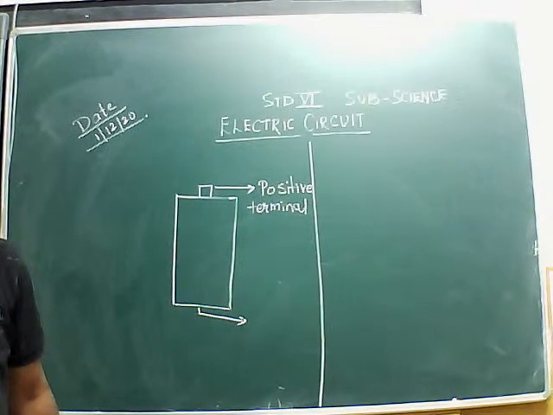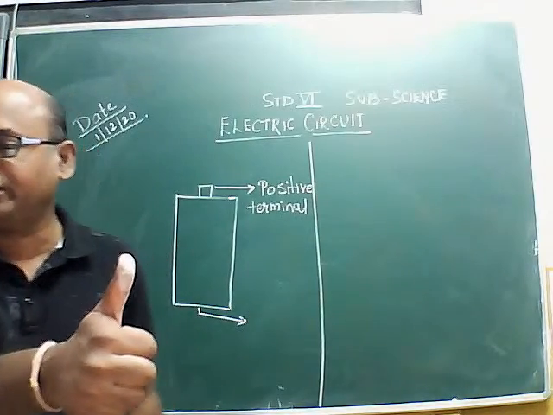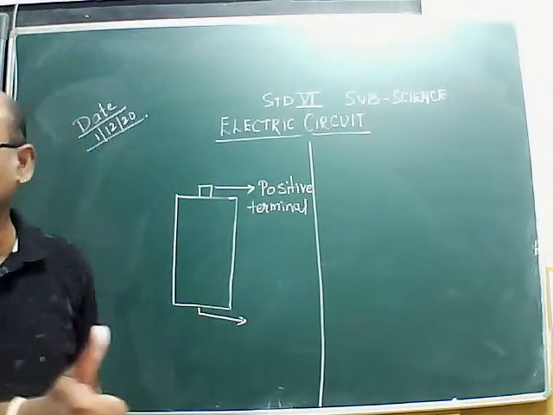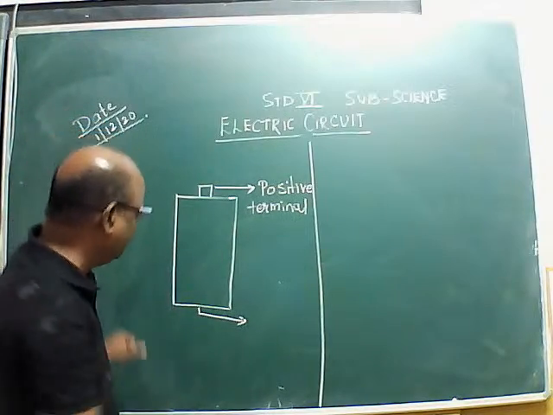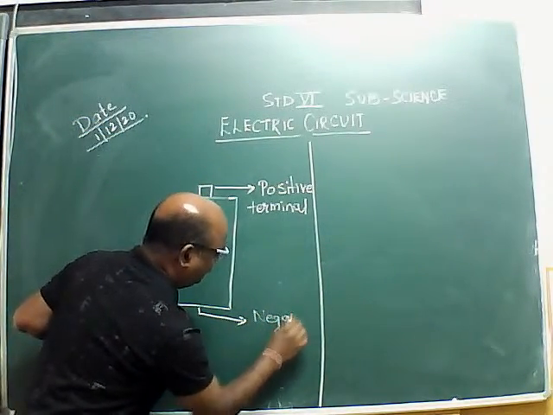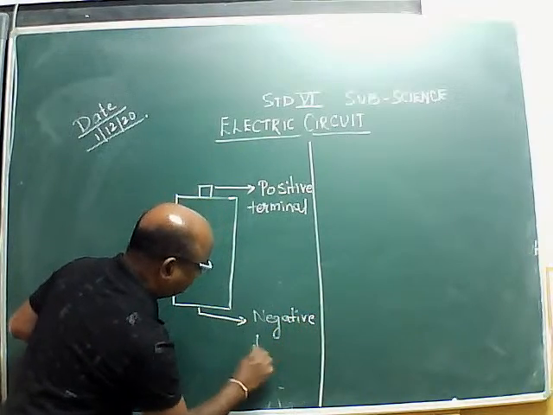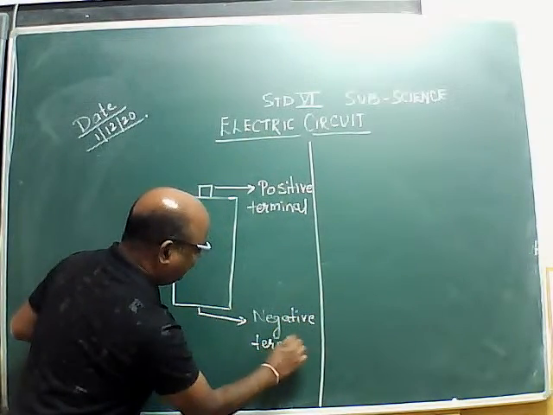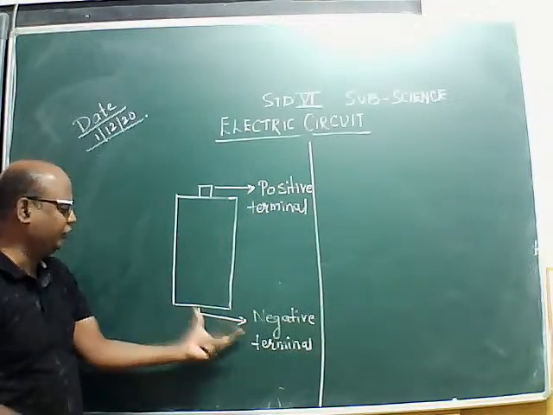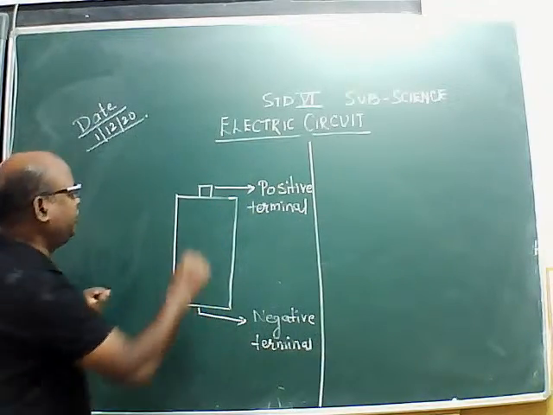Yes, Harsh Musade gave a very correct answer, and Shardul, Elias and Janvi Bhendarkar also gave correct answers. This is the negative terminal. One of you has written that this protruding metallic cap is the positive terminal and this is the negative terminal. That we studied yesterday.